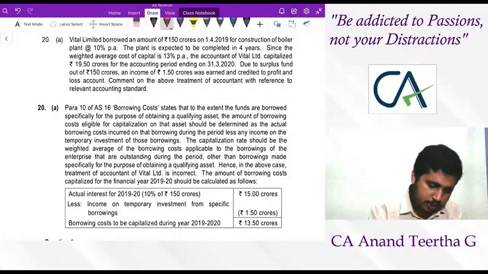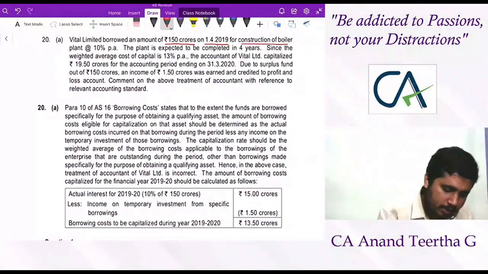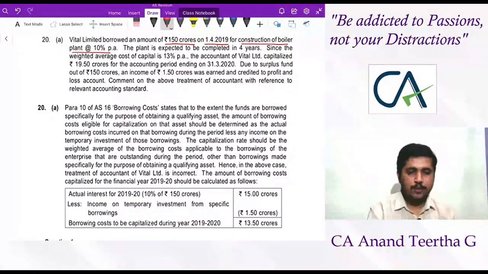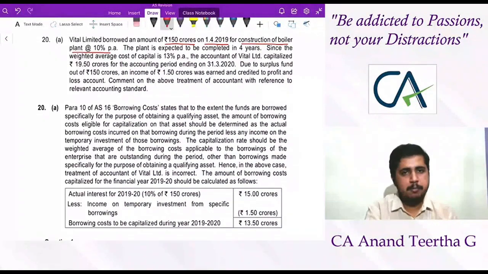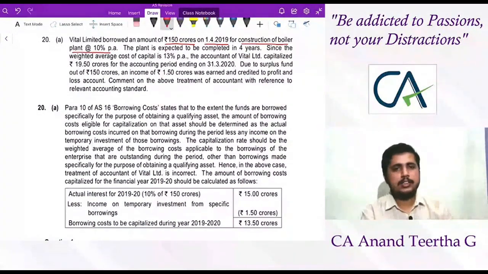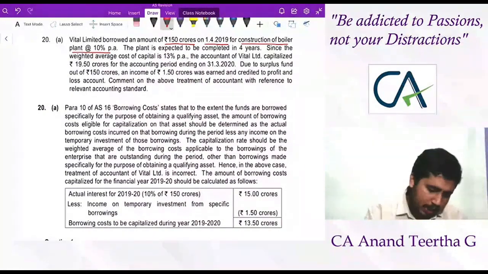Okay. Now, if you look into the question, borrowing amount is 150 crore, on 1/4/19, for construction of boiler. Now the point is, for construction of boiler, a 150 crore borrowing has been made. I can tell you that this is a specific borrowing because only for construction of boiler it has been taken up. But what are they doing?